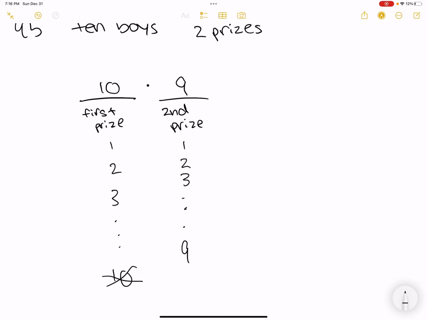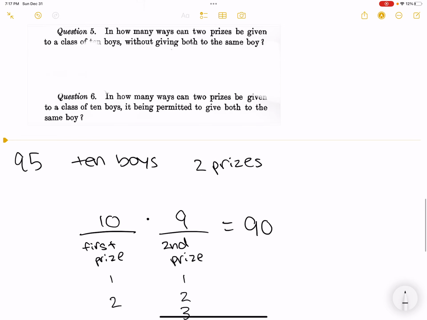So that results in 90 ways of 2 prizes being given to a class of 10 boys without giving both to the same boy. So 90 ways. But now, let's see this.